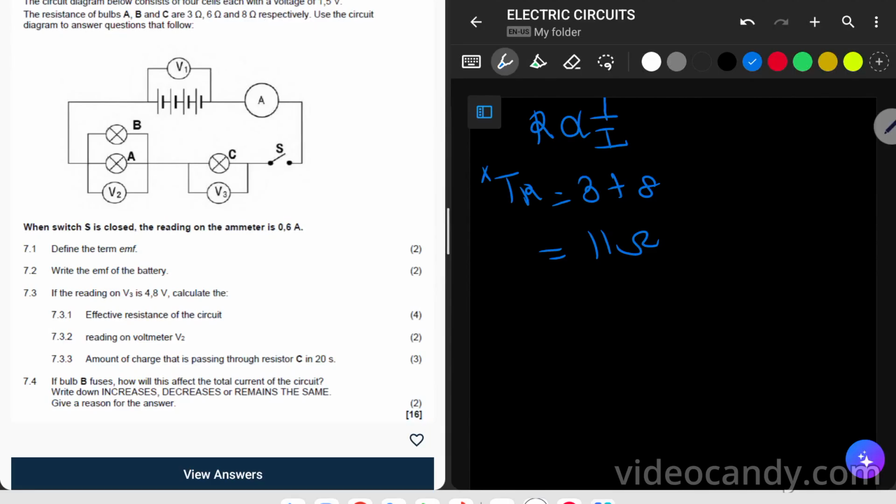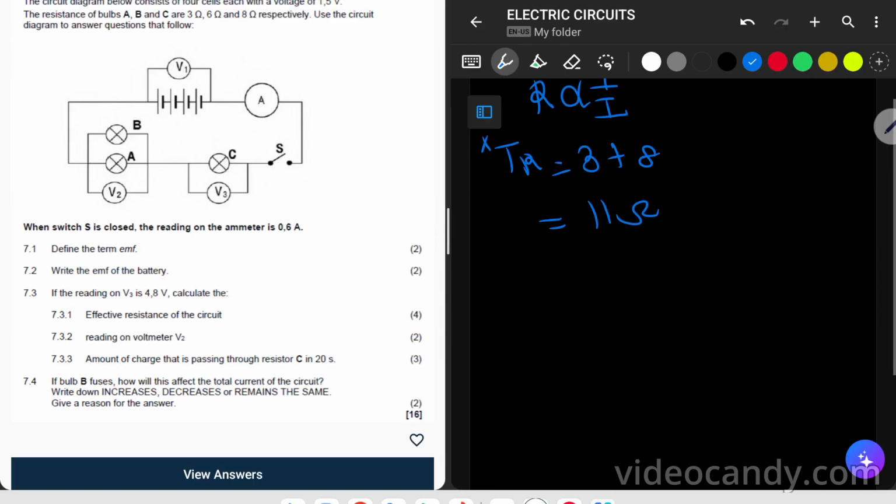I hope you understand. Let's calculate to see. Initially the total current they said is 0.6. Now let's make a calculation to confirm your total current will decrease. So, data. What do you have? You do have the total voltage, which is the EMF, and it's 6 volts. Number one, the total voltage.